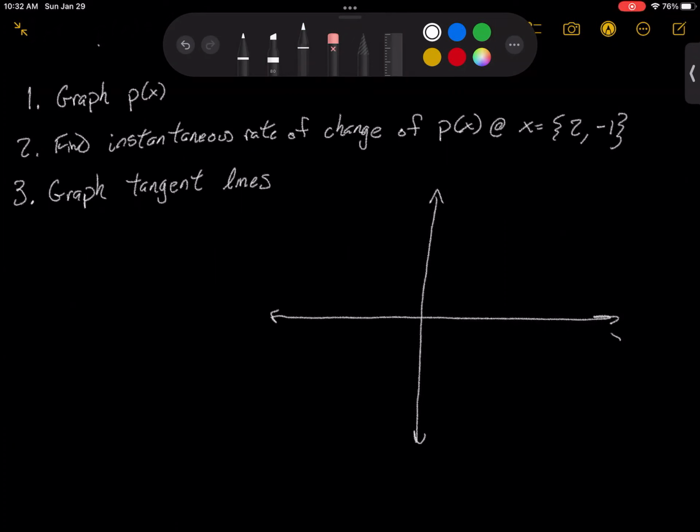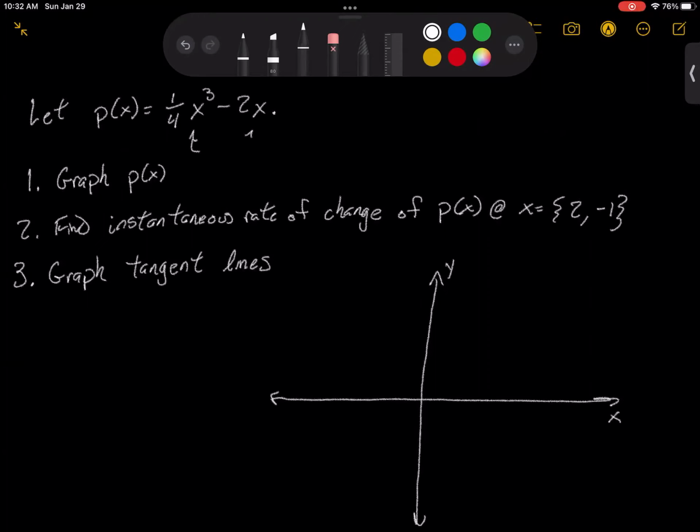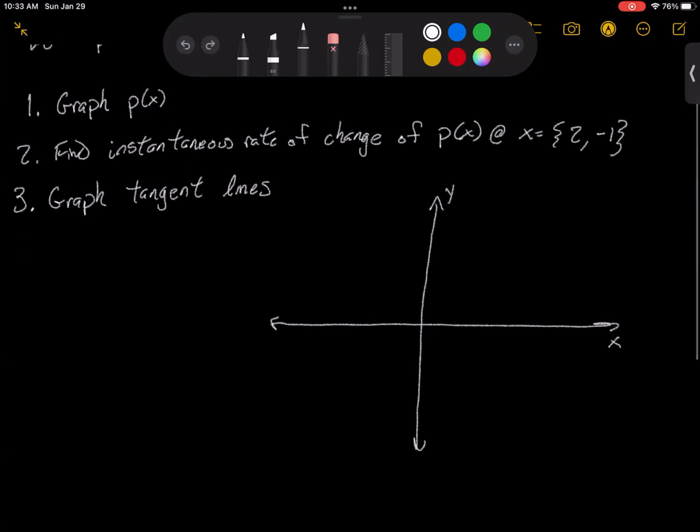So there's my x-axis, there's my y-axis. And if we were to graph p of x, note that there's an x in both terms. So this actually factors, and one of my zeros of this polynomial is x equals 0. And then you have this quadratic, which you can then solve for those two x values. But I'll skip that because we should already be experts at that.